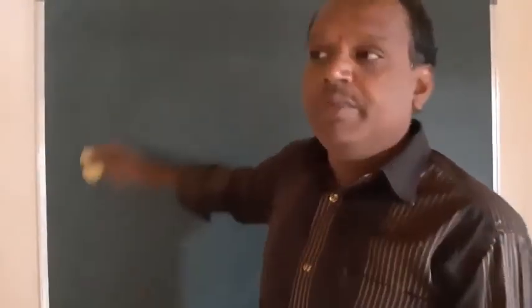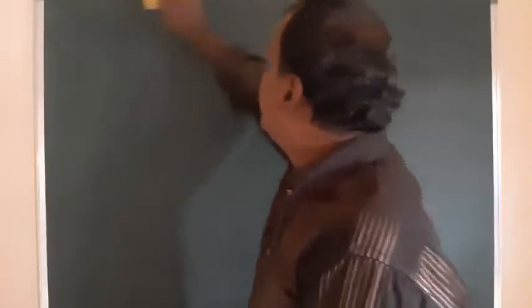That is important. Bending is taking place, but in which direction? Maybe it is towards the normal, or maybe it is away from the normal. So you have to remember that. The bending of light depends upon which medium the light is propagating from and to.